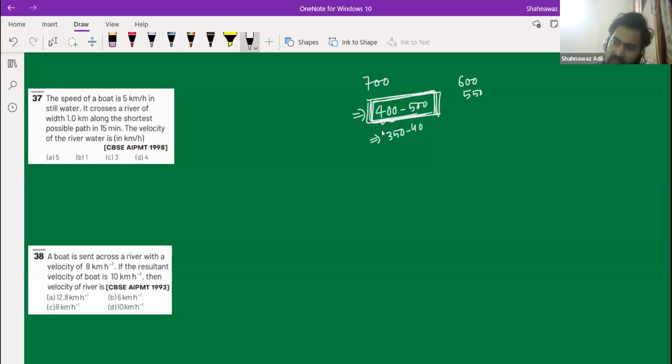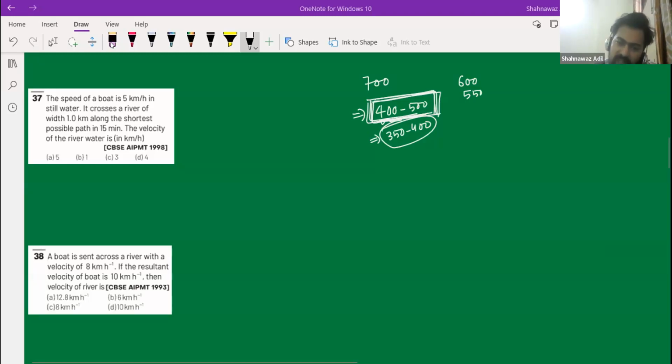Then 150, the rank would be... 150 would be for the NRI quota, I guess. 150 is quite less, right? Or not. I'll have to check. No, I will check and then tell you. Maybe in the next class I will tell you.